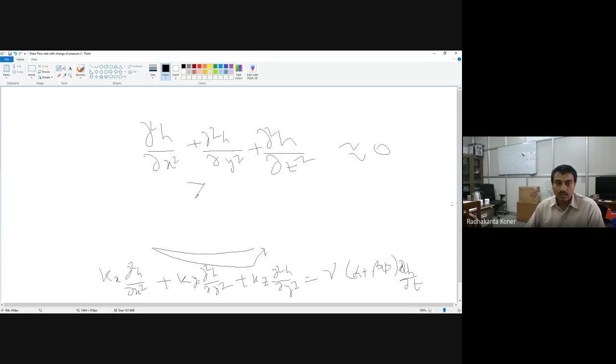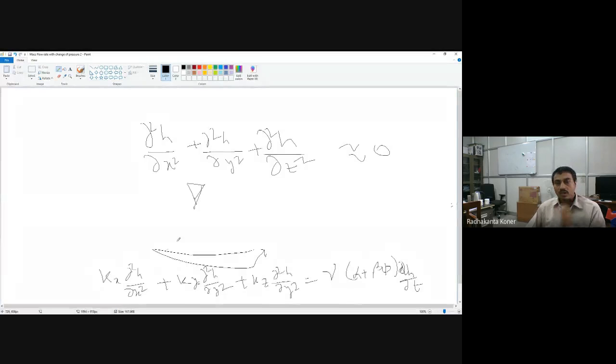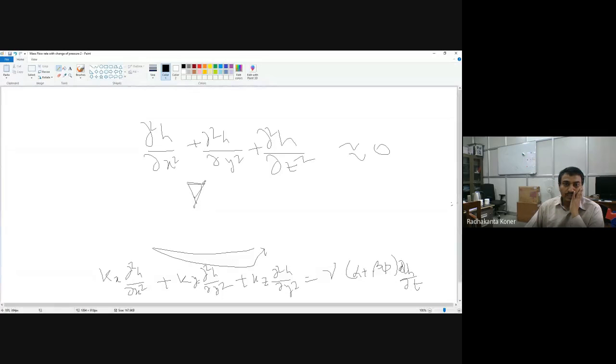Basically, this is called the Laplacian operator. This is what we want to understand, this Laplacian operator. So this is equal to 0, and this equation we will use.